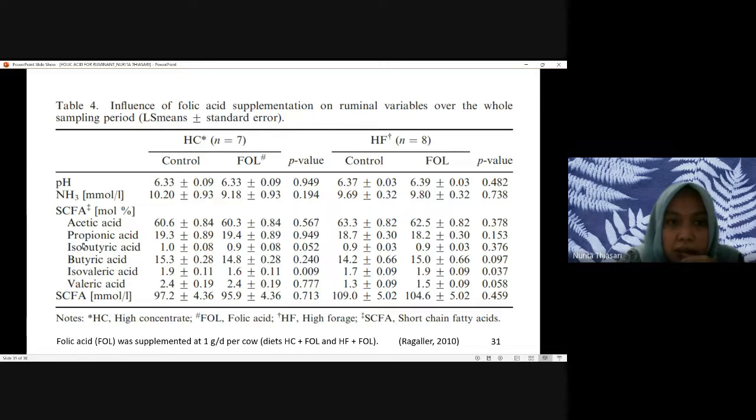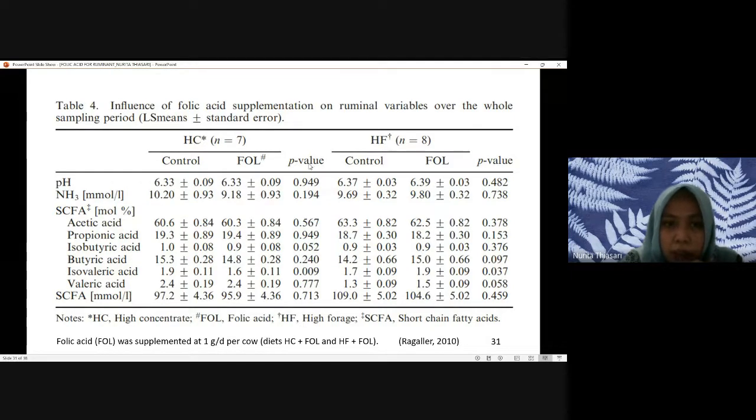And next, here, about the folic acid supplementation of the different feeds. So here is the high concentrate compared with the high forage.